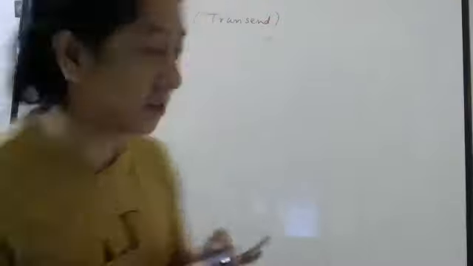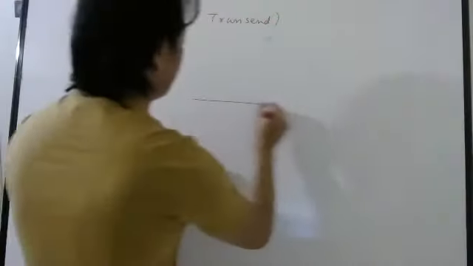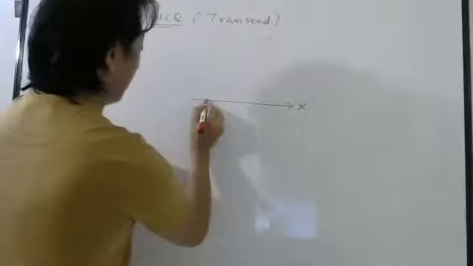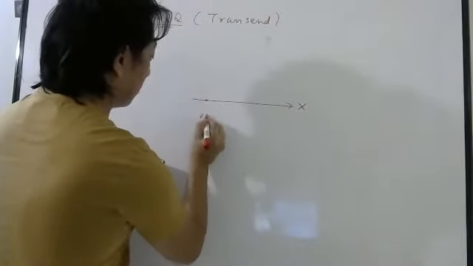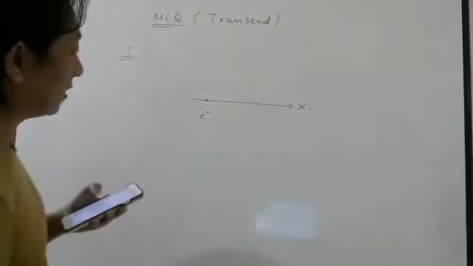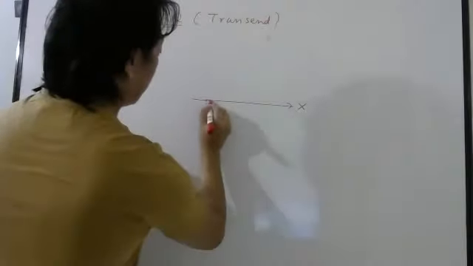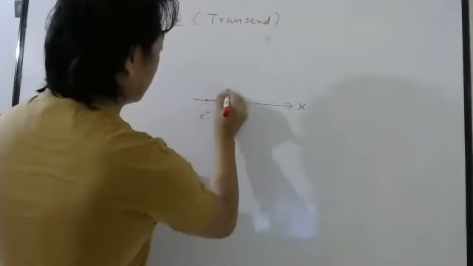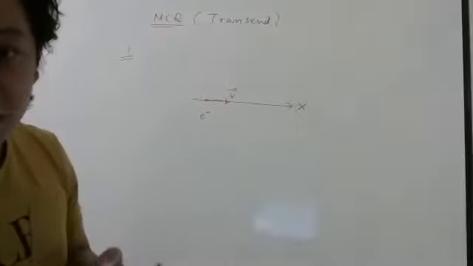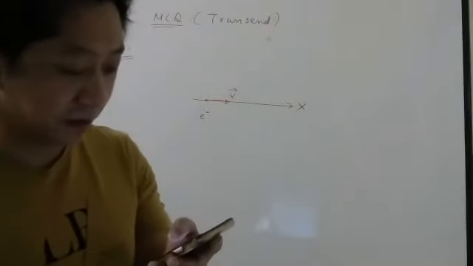An electron is moving along positive x-axis. So let us say this is your x-axis. Electron, you show here, electron is negative charge. Remember, negative charge. Moving means velocity is along the x-axis.